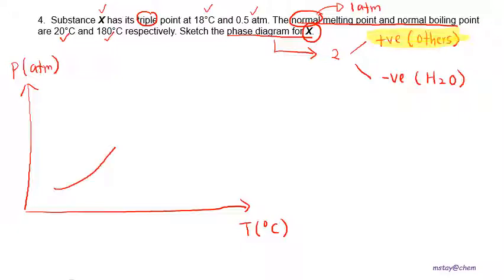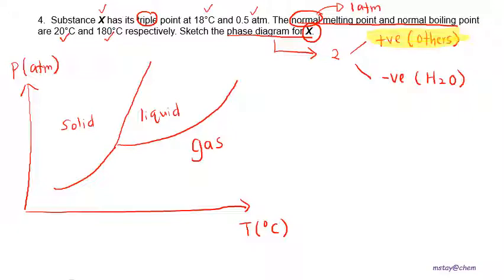Remember, don't start from the origin, because the freezing curve is a positive line, so you have to show positive. After you draw these 3 lines, you have to label from left to right. Left refers to the solid region, followed by the liquid region, and last is the gas region.